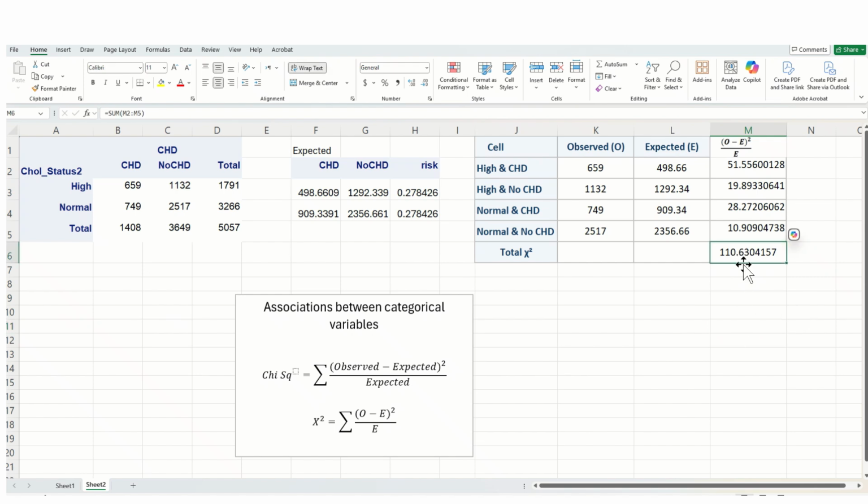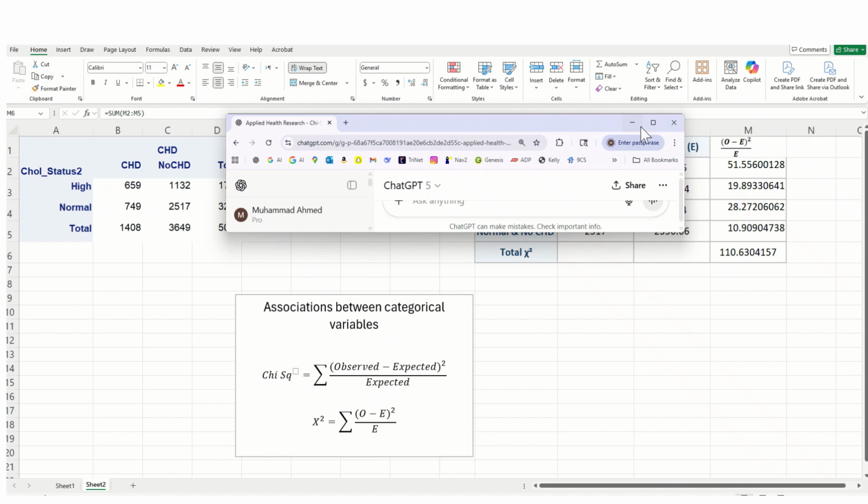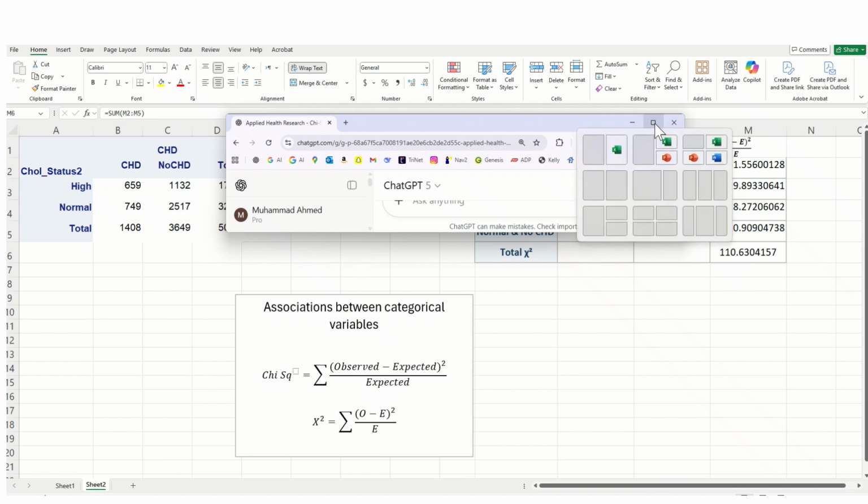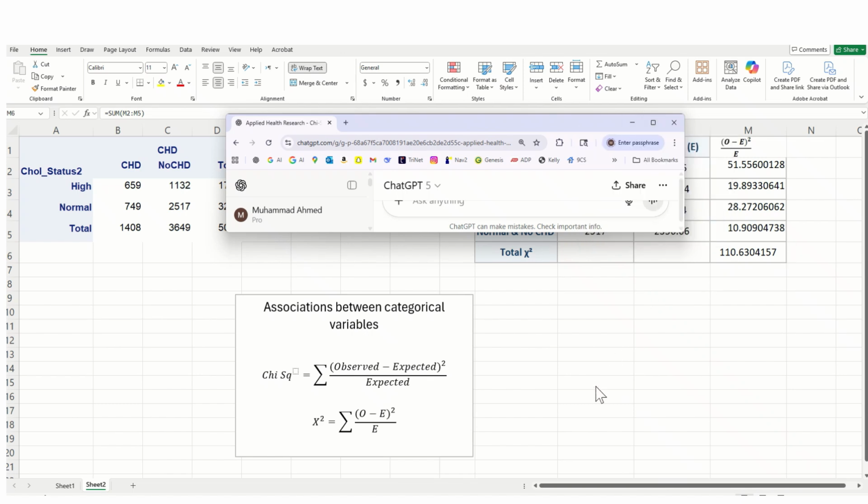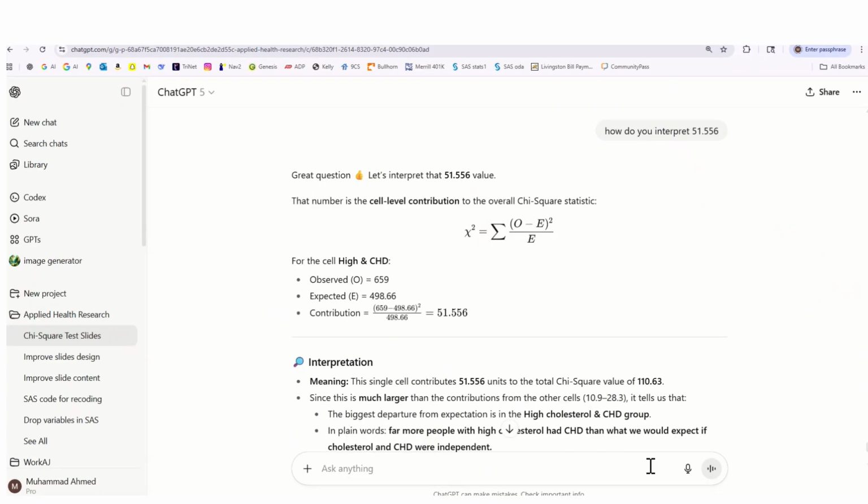Now this x square is pretty large, and I will use ChatGPT to ask how much departure, or how much x square, is equivalent to the p-value of 0.05, making it statistically significant.